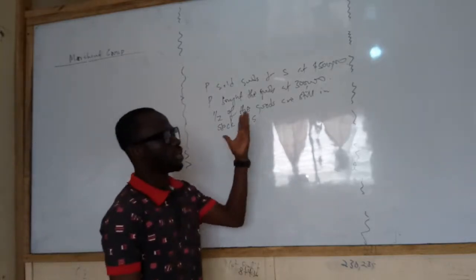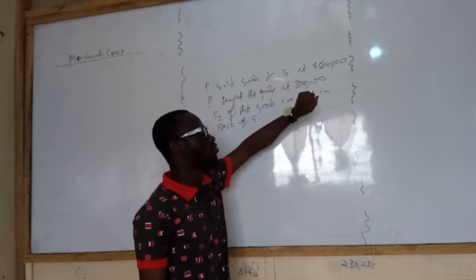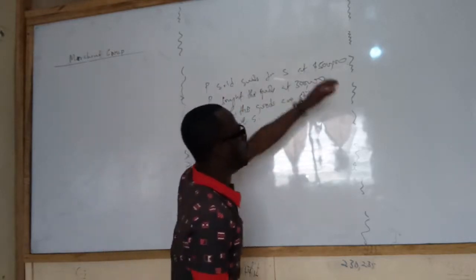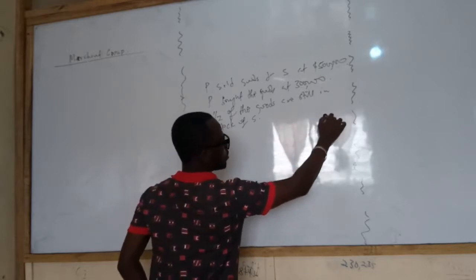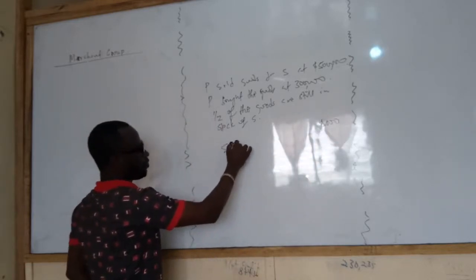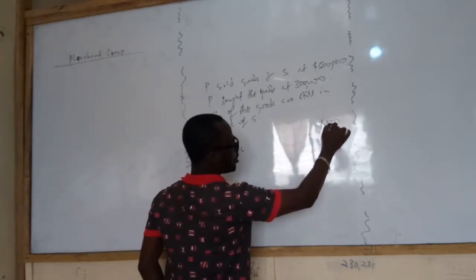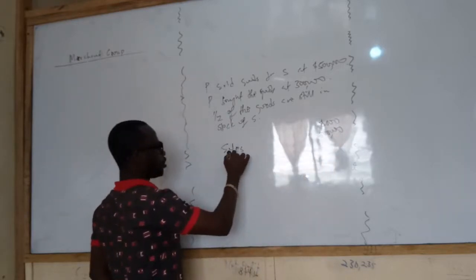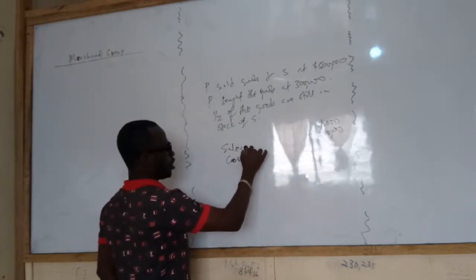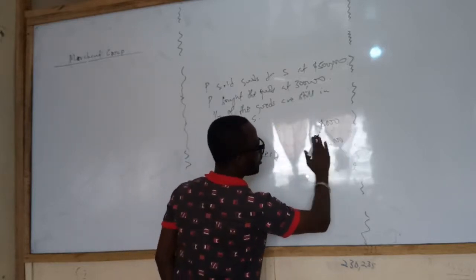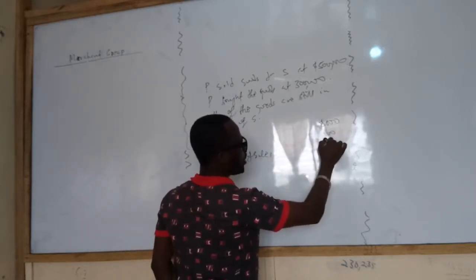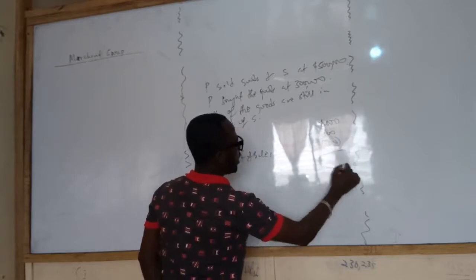There are two ways we can go about it in relation to the treatment. What it simply means is that the sales given is 500,000 when we less cost of sales of 300,000, so 500 less 300.